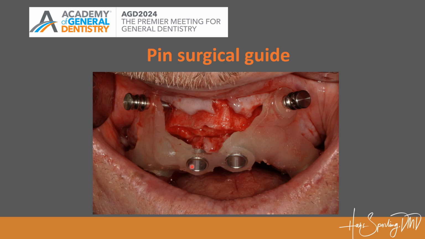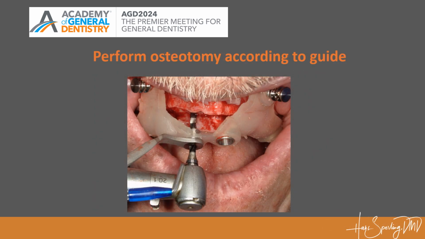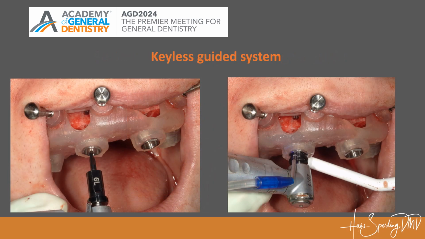And now we can start drilling our osteotomy for our implants. And we can use any system. In this case, we're using a key system. We see the access to the bone, and the assistant can irrigate with a Monoject needle, or we can use a fully guided system, keyless, where we go completely to length and there are no keys for our osteotomy.